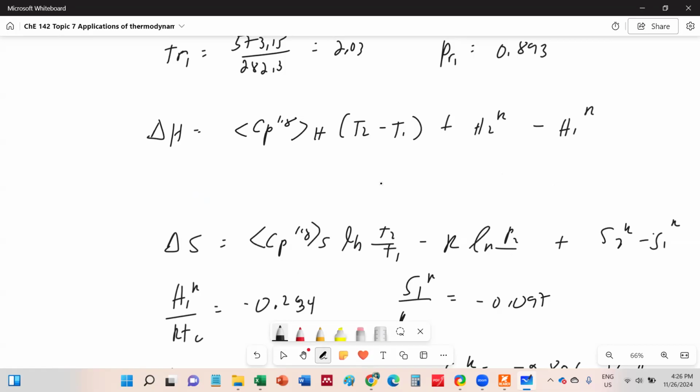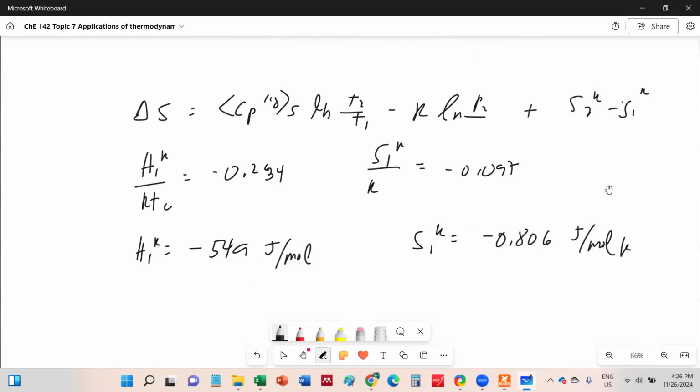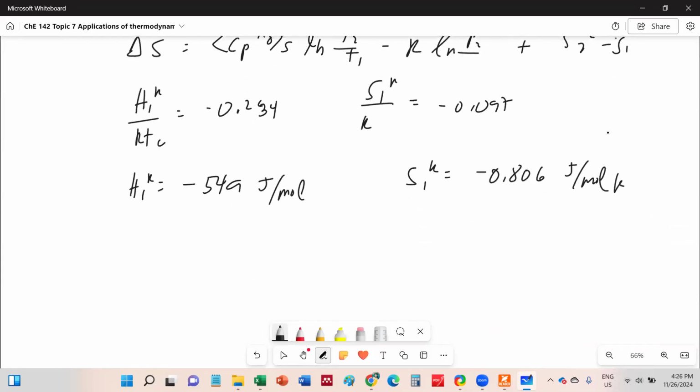The next thing, we have no problems with the first part. This is from letter A. What we need is H2 residual. To get H2 residual, it's quite a bit challenging because you will first assume a value for S2 residual since we don't know the temperature of S at the outlet.